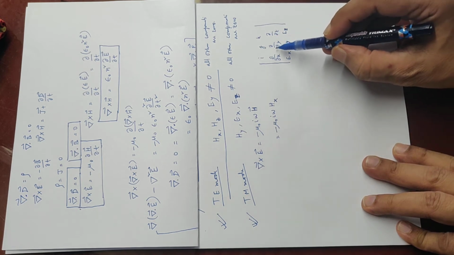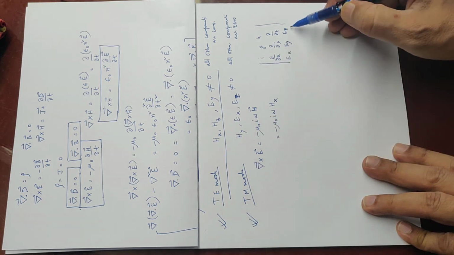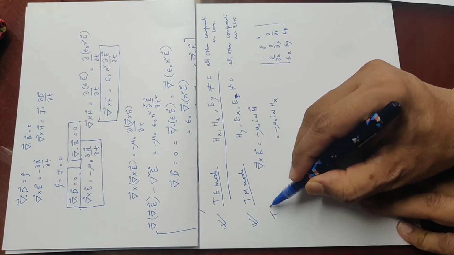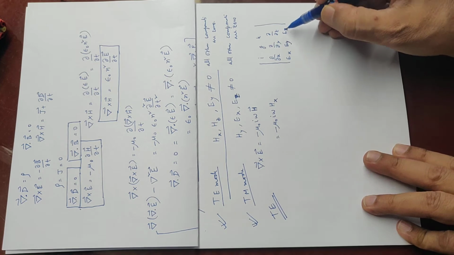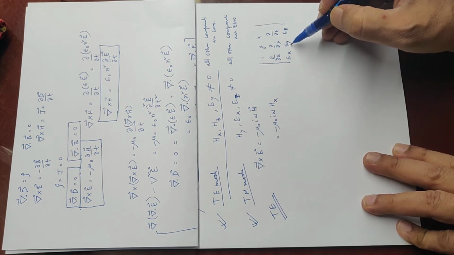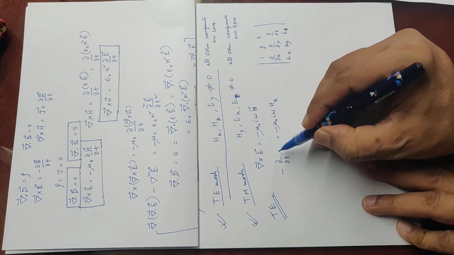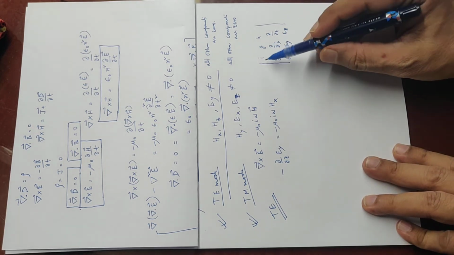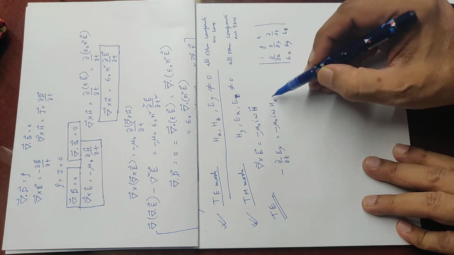You can see that d by dy of Ez doesn't exist, because Ez doesn't exist in TE mode. So dEz by dy would be 0, but minus d by dz of Ey would be there.